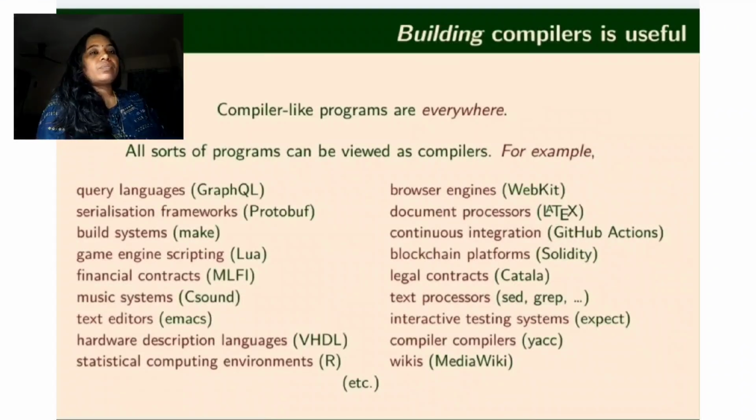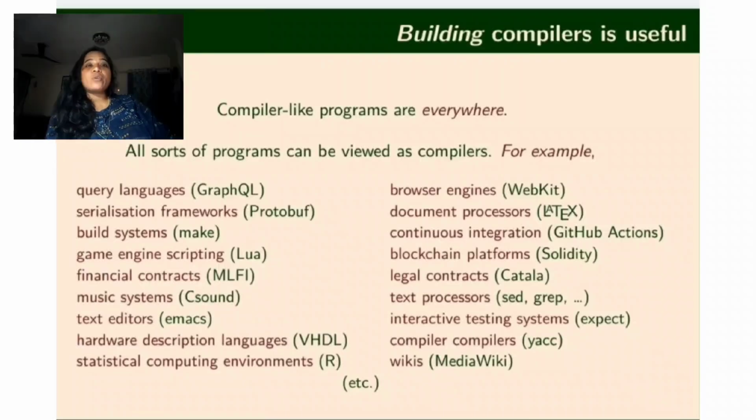And next, compiler programs we can use everywhere. For example, query languages, serialization frameworks, build systems, game engines. Application games. We can create financial contracts for the auditing section, and Tally. Financial contracts we can make with this program.